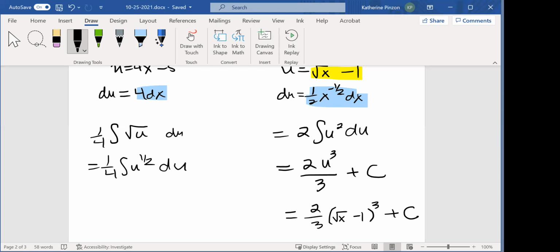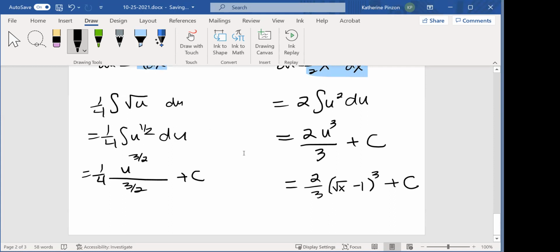Okay, the left one, 1/4, add 1 to the power. 3/2. Yeah, add 1 to the power makes 3/2. Dividing by 3/2. So you can do this 2 ways, right? You can do 1/4 divided by 3/2, get that constant, or you can remember that this flips over, 1/4 times 2/3.